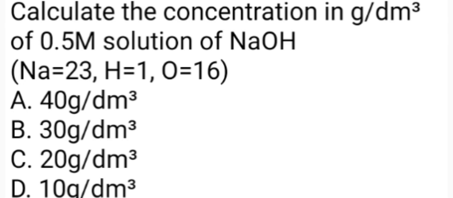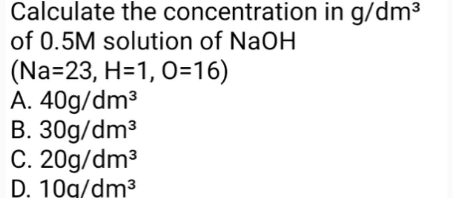Now, look at it. They are stating some constants here: the atomic mass of sodium is 23, that of hydrogen is 1, and that of oxygen is 16. Remember, Na means sodium, H means hydrogen, O means oxygen. These are their respective atomic symbols.